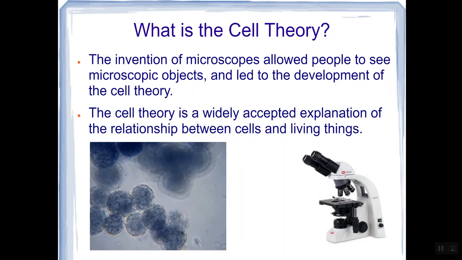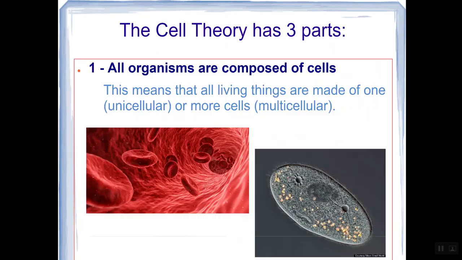Some single-celled organisms can be big, but for the most part, cells are small, especially the ones that make up multicellular organisms like us. As microscopes got more and more advanced, cell theory began to take shape as scientists got to actually see cells and what they were made of and develop that theory.